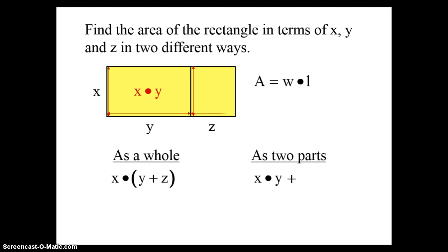The length here is x, and the width down at the bottom is z, which means I'm going to multiply x and z. So then I'm going to have that equals x times z, with an addition sign in the middle of them, because I want to add them together to find the area. And you will notice that they are the same, given what we know about the distributive property.